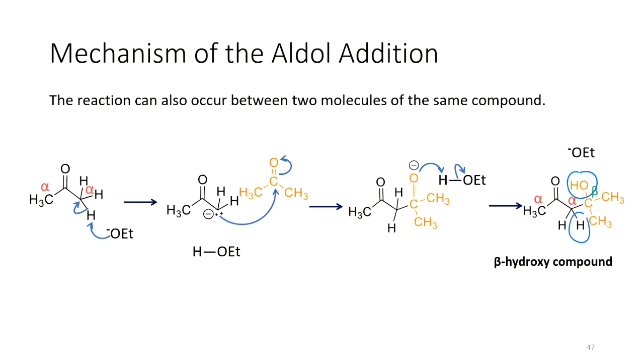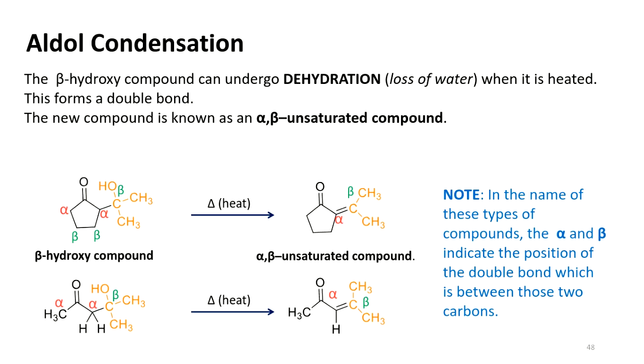Right? So when we remove OH and proton for dehydration, in the presence of heat, we could actually dehydrate the beta hydroxy compound, and we remove water across the alpha beta carbons.